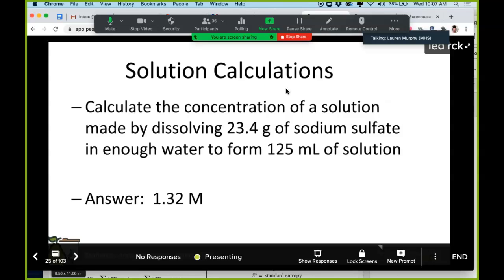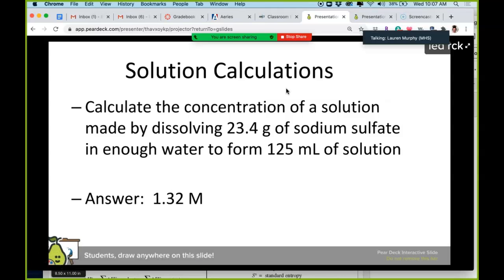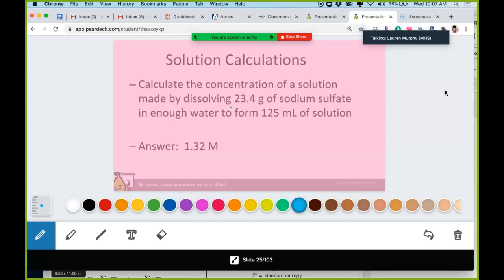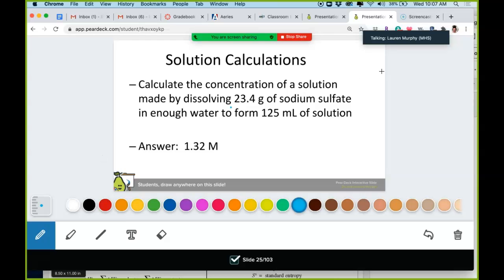So we're going to do some practice problems with determining concentration. Molarity means concentration. So it says calculate the concentration, which means they want you to calculate the molarity of a solution made by dissolving 23.4 grams of sodium sulfate in enough water to form 125 milliliters of solution.